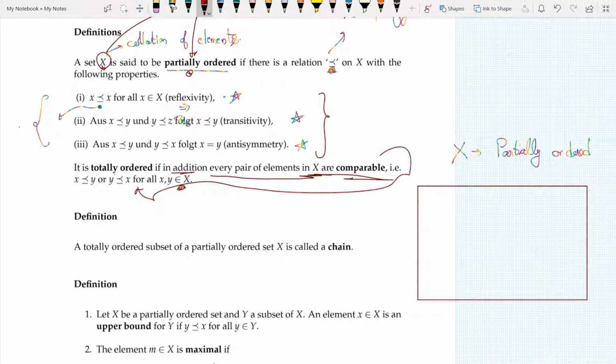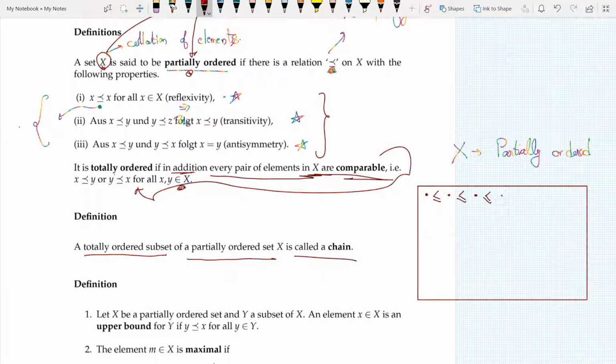First look at what a chain means. A totally ordered subset of a partially ordered set X is called a chain. So look at this diagram. These points are my individual elements, and let me say that these are different elements.